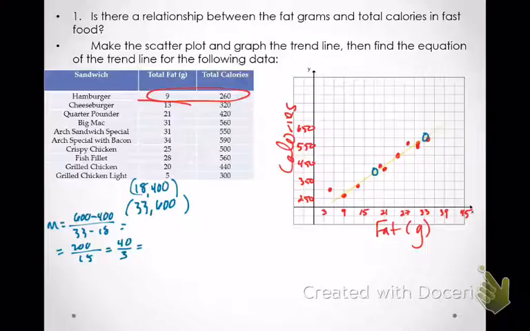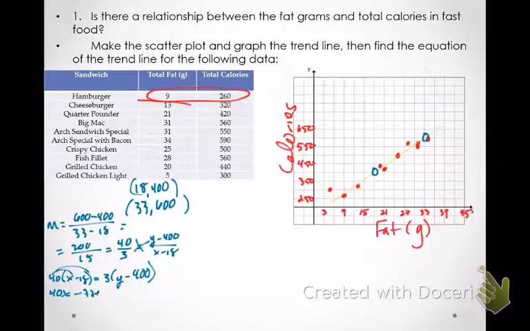I'm going to set this equal to, pick one of your points and plug just one of your points into the slope formula. So y minus 400 over x minus 18, and here's where I'm going to cross multiply. So I would get 40 times x minus 18 equals 3 times y minus 400. Distribute, distribute. So 40x minus 720.